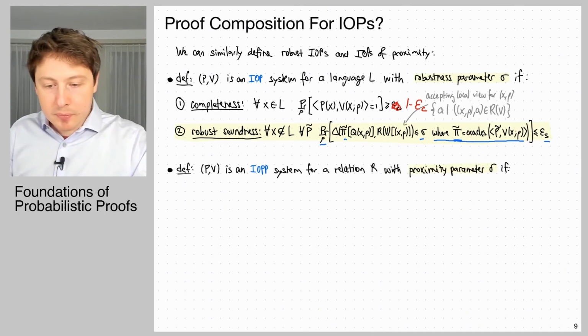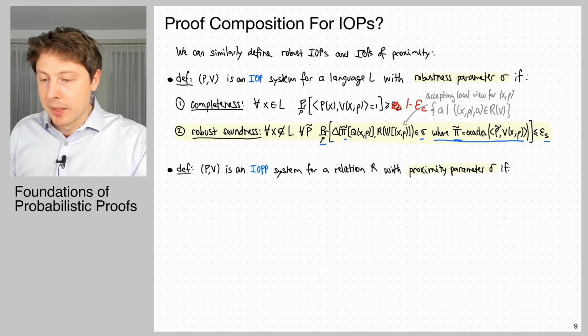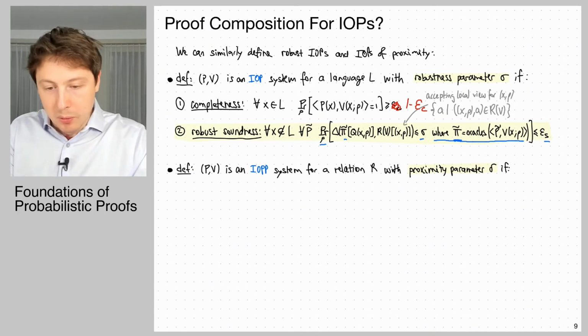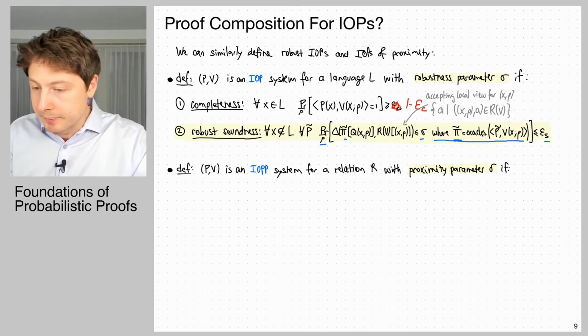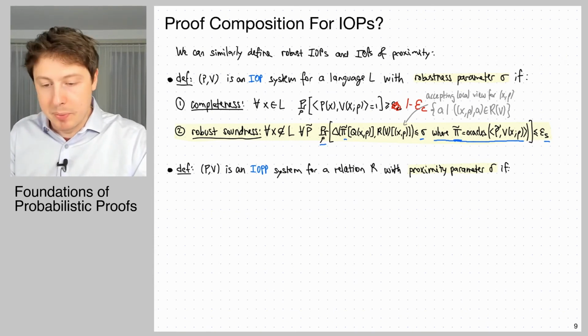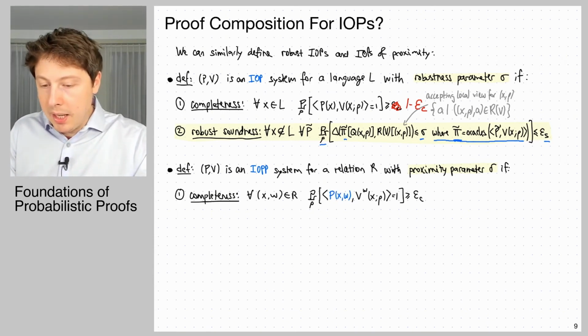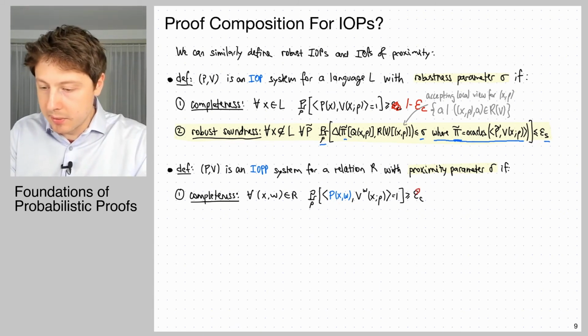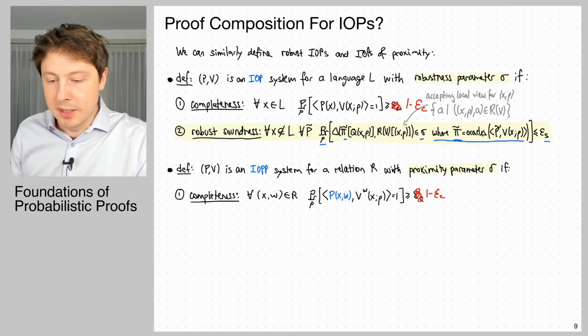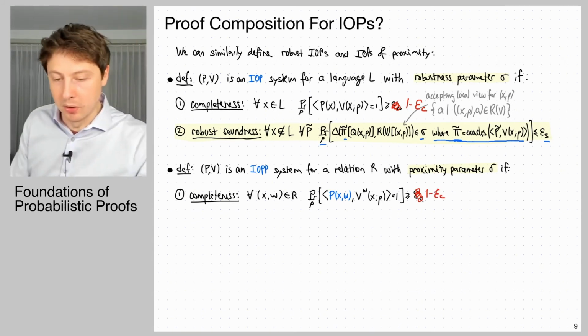What is an IOP of proximity? We're talking about an IOPP rather than a PCPP. We still have a proximity parameter. We're interacting in the good case, rather than just the prover sending one oracle.